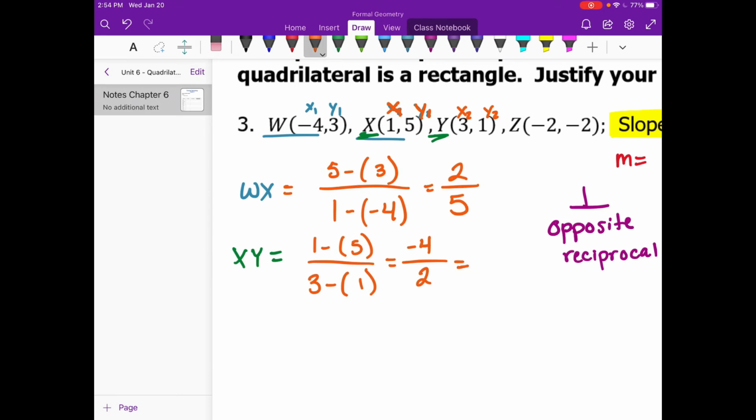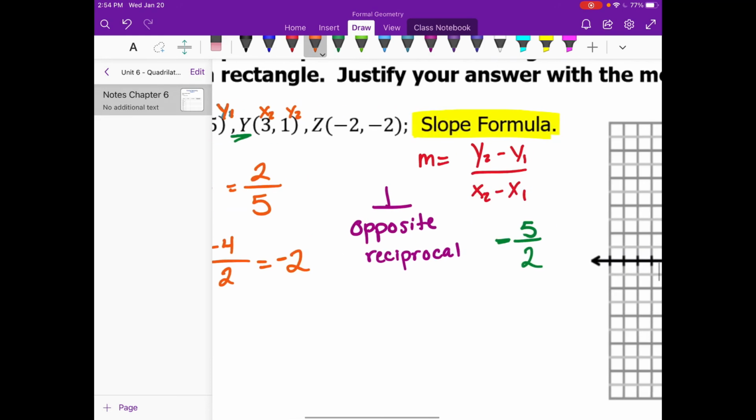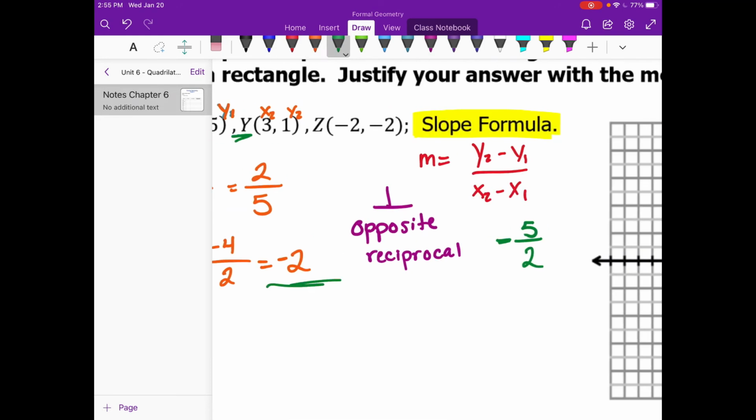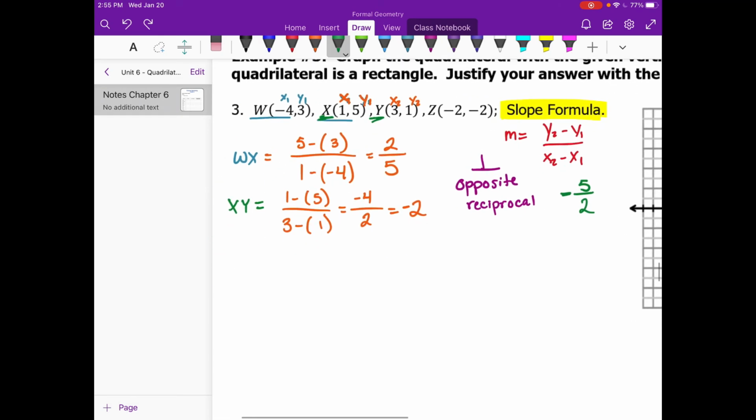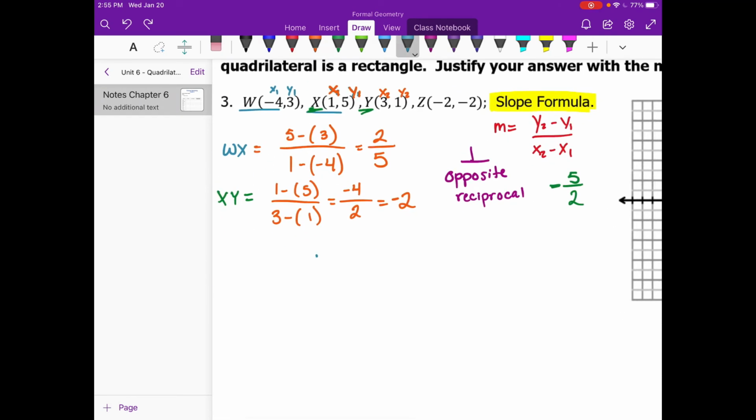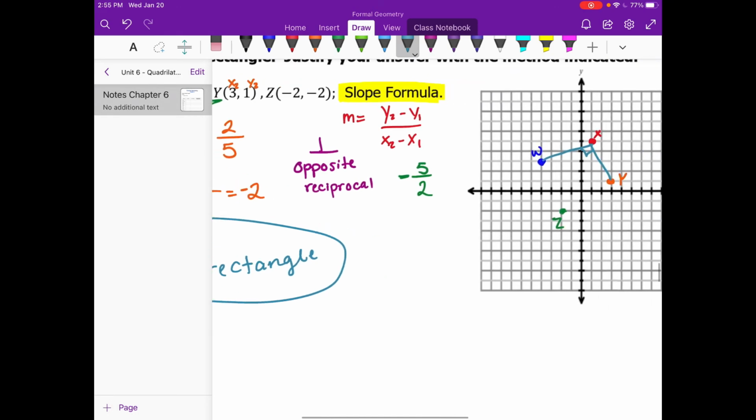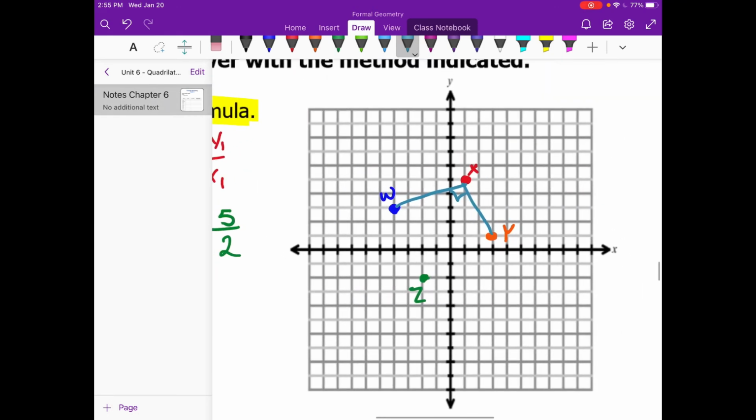So simplify this, -4 over 2 simplifies just to -2. Do these match? No. Therefore, this is not a perpendicular slope, so this is not a rectangle. It did not have perpendicular slopes in the corners.